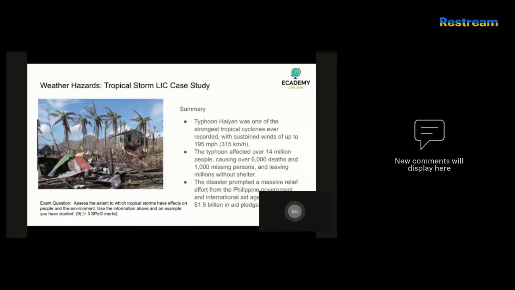I think it was completely wiped out. So talking about specific things, mentioning specific numbers, specific amounts that were being pledged to the area would give the examiner the understanding that you really know what you're talking about and help you to get into the top band.